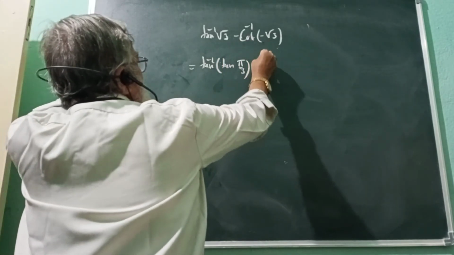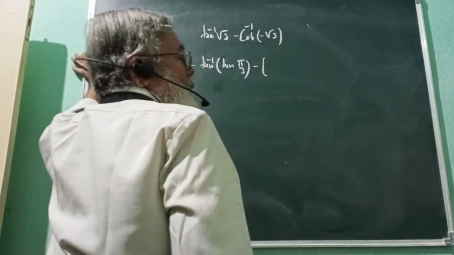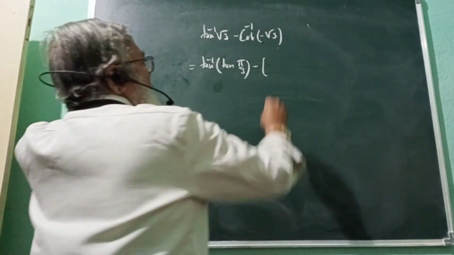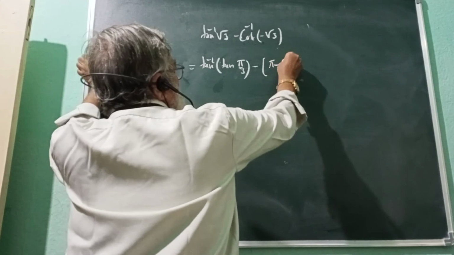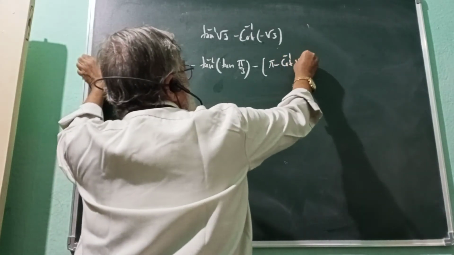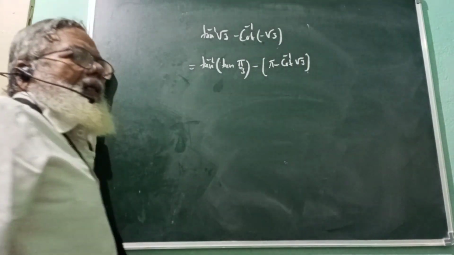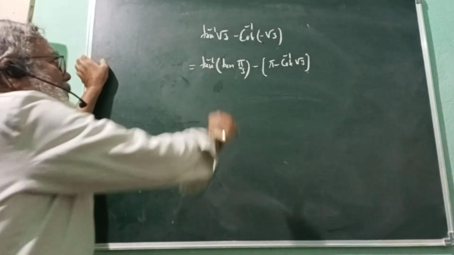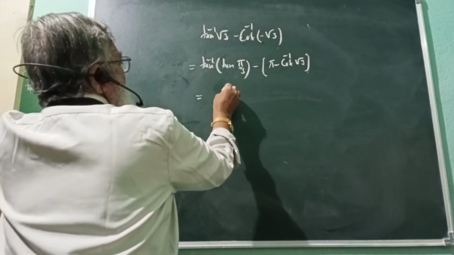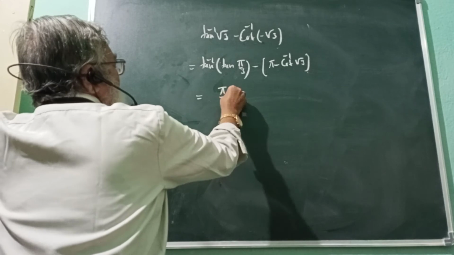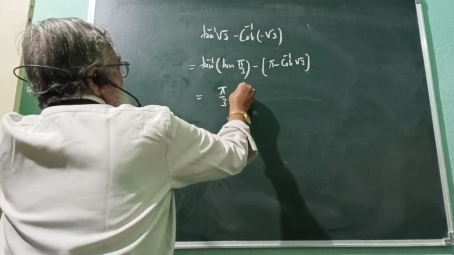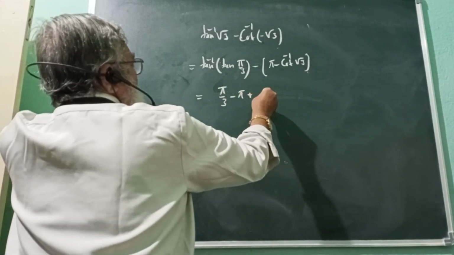Cot inverse of minus x, we know the formula is pi minus cot inverse x. Look here. Pi minus cot inverse x. That is tan and tan inverse cancel each other. Pi by 3 minus pi, minus into minus is plus.